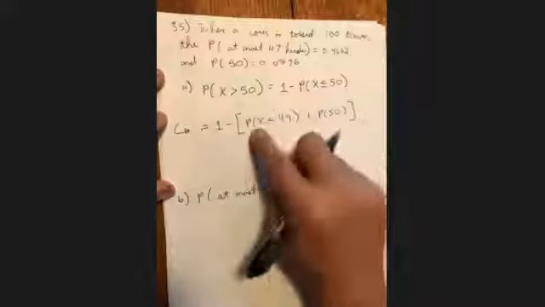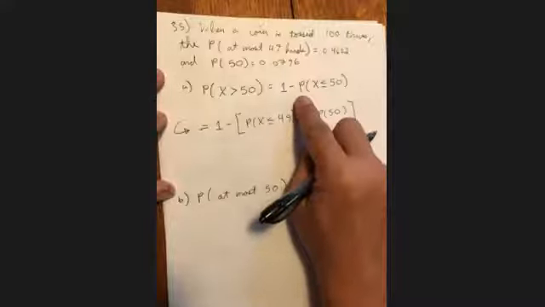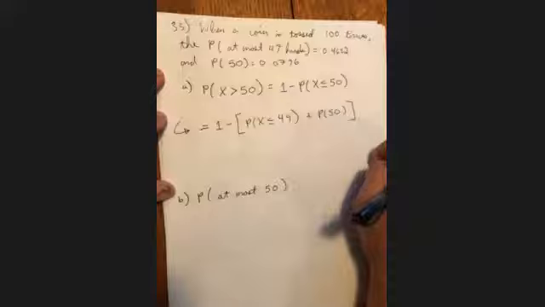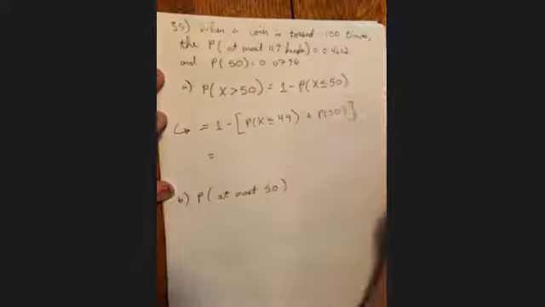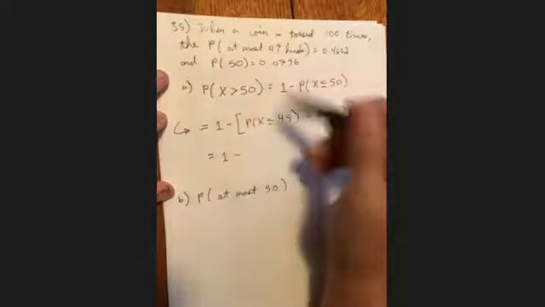So notice how these are equivalent. Up to 49, and then we add the 50 there, and that's the same as up to 50. So these are the same thing. And what's great about that is that they've given us those numbers in the prompt.